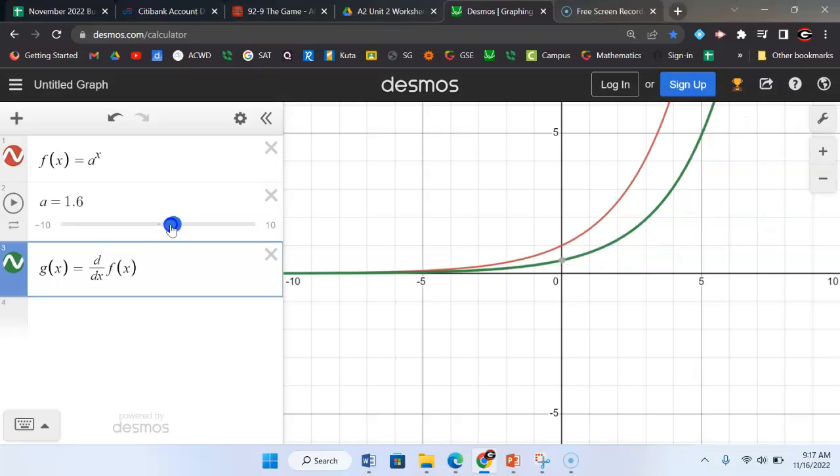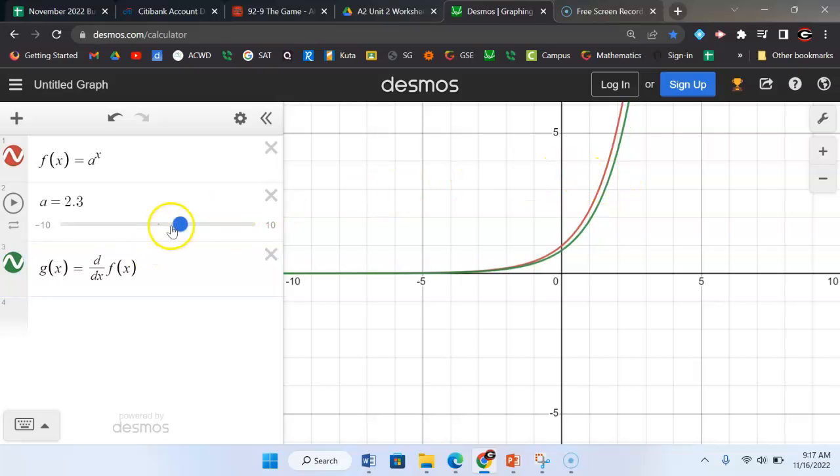Look at the convergence there. The red's moving, but so is the green. But you can notice the gap between them is closing. As I get close to 2.718, notice the gap here is very small, and this slider only goes to tenths here, but when I get very close, now you see a very small gap if you look closely. But as I get on 2.7, it appears to be the same graph. Okay, there's 2.7.